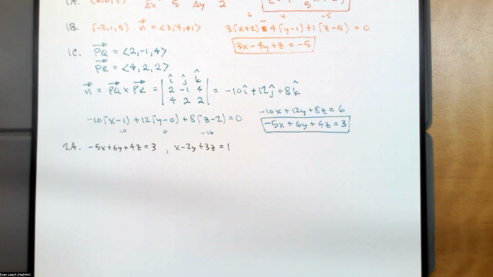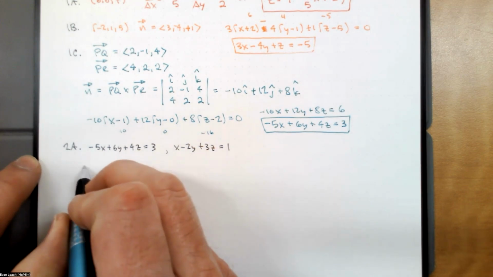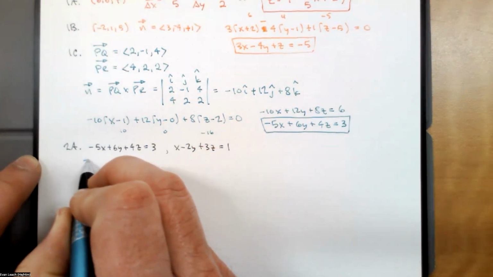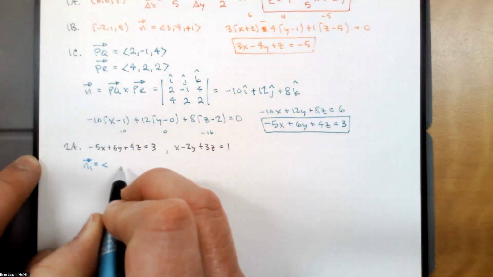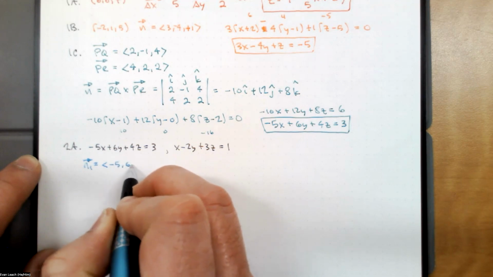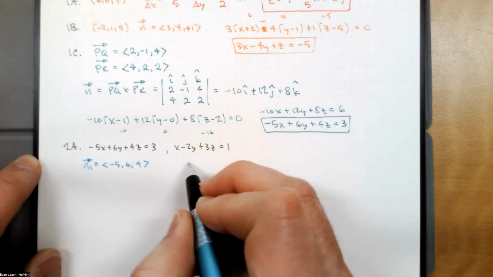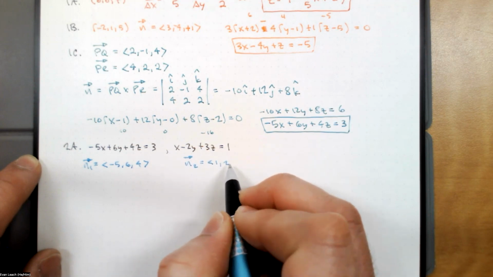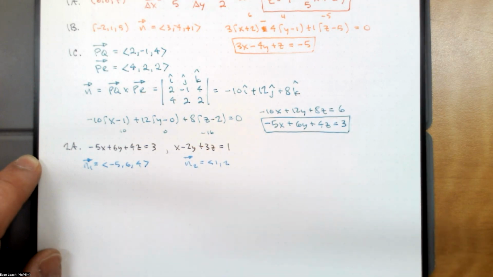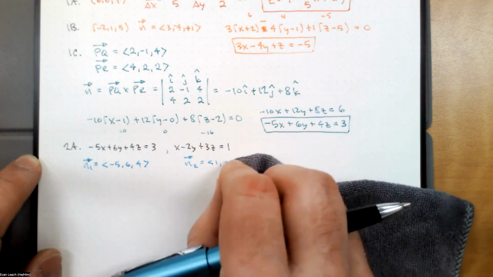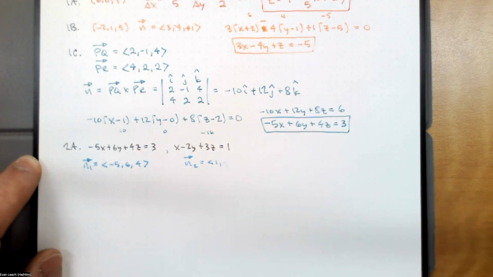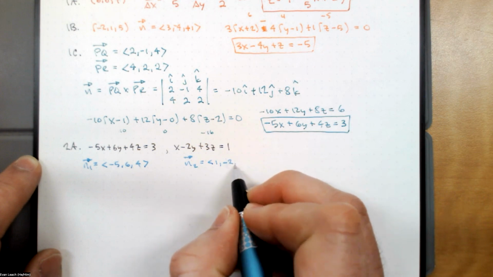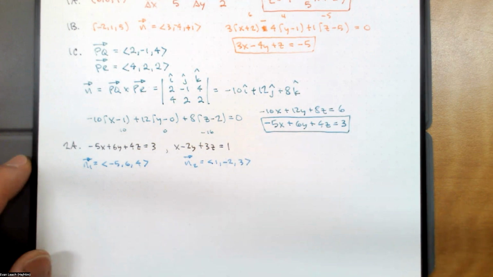So we would find our normal vectors: -5, 6, 4, and this normal vector is 1, -2, 3.